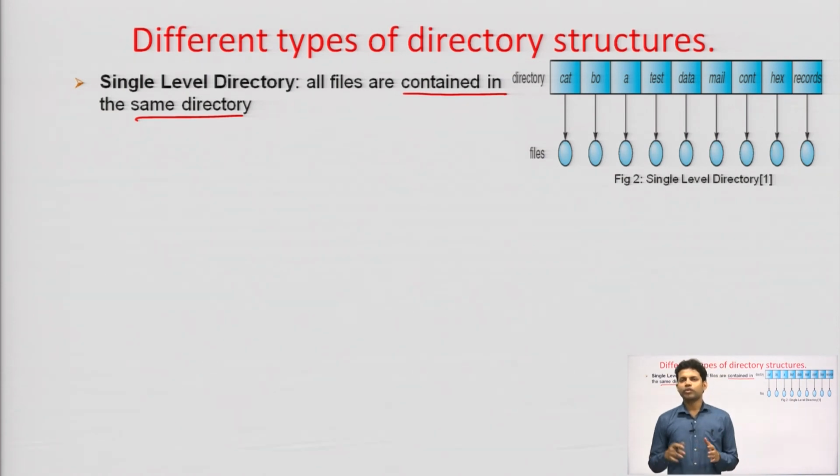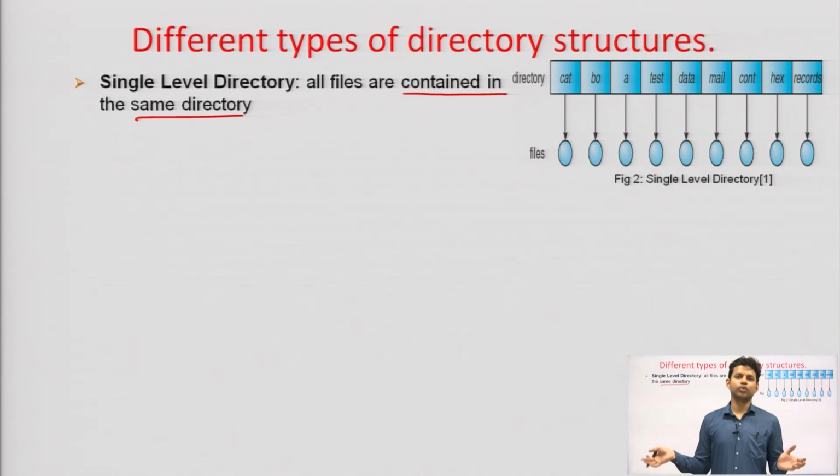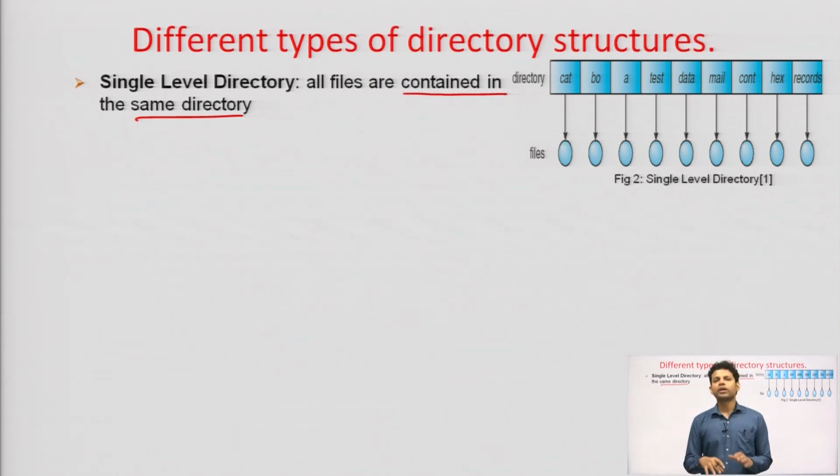Because you are keeping all the files inside the same directory, there may be a clash of file names. Suppose multiple users are using the same directory for creating new files. For example, I have shared a folder where all students have to submit their assignment.